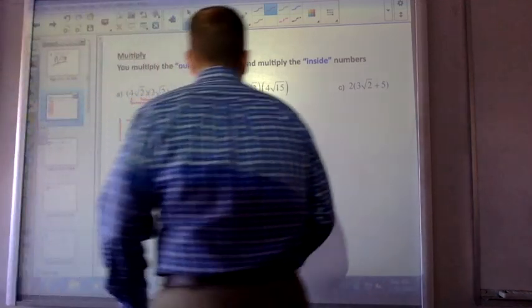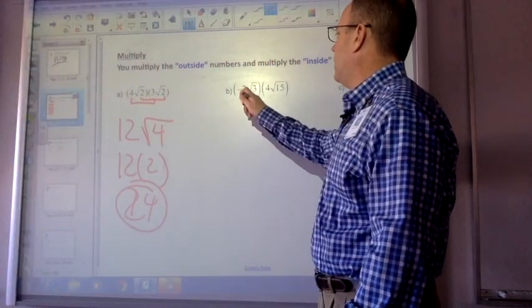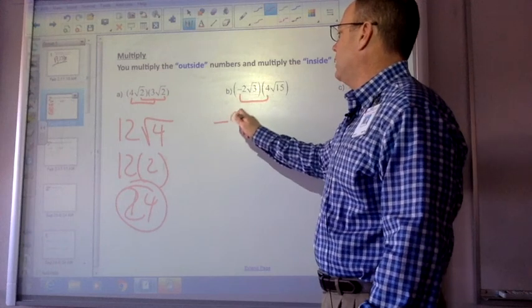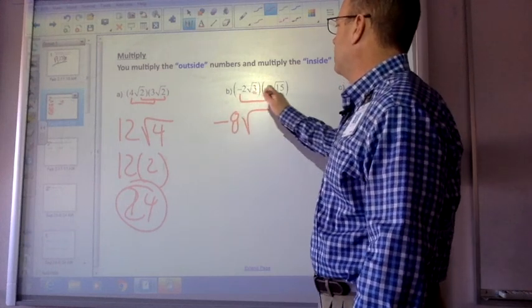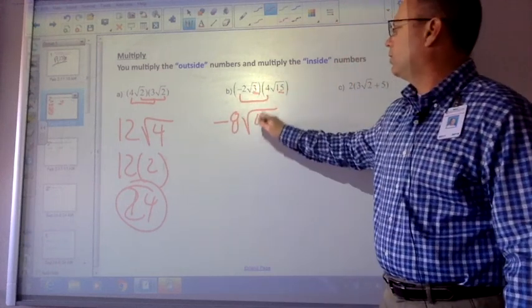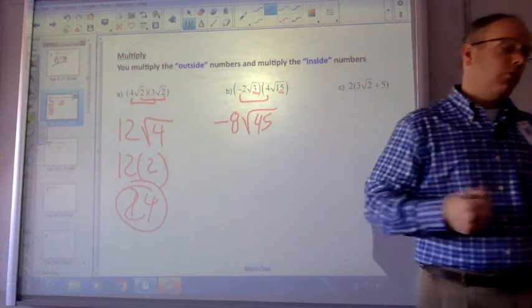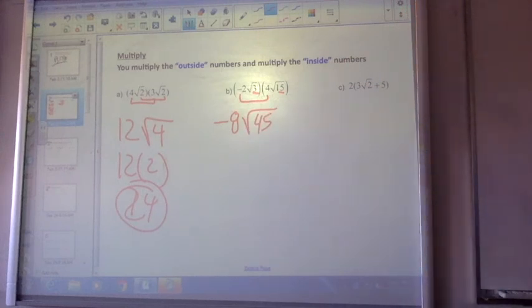And then letter B, outside to outside, so I get negative 2 times 4, so that's negative 8. And then inside I get 3 times 15, which is 45. Is 45 a perfect square? No. But is there a perfect square times another number that would give me 45?